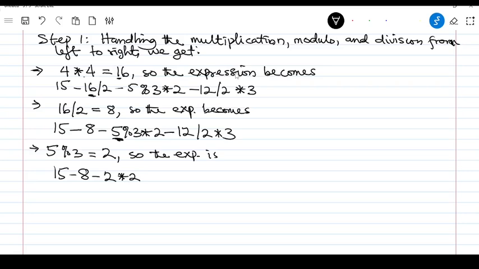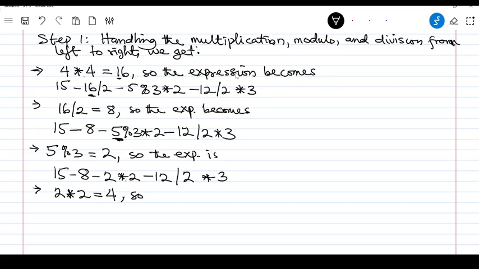So 2 times 2 minus 12 divided by 2 times 3. Okay, so the next part we are going to go with is this multiplication we have here. So 2 times 2 is equal to 4, right?